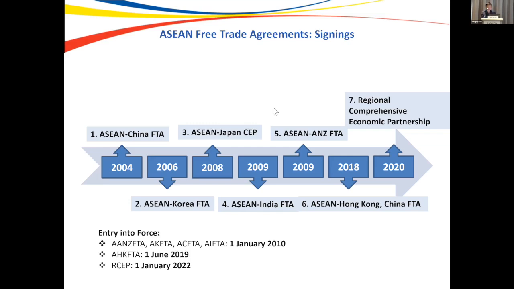It means you can see the network of ASEAN is very broad, and the ASEAN FTA partners here are the big players in the region: China, Japan, Korea, Australia, New Zealand, and India. That's why I would like to introduce this, because I want to emphasize the complications.